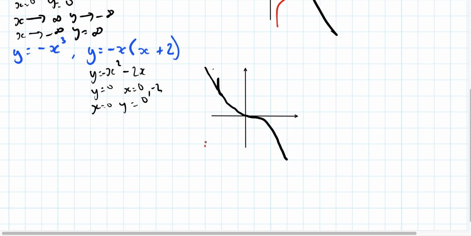It's going to come up from here, cut at minus 2 and cut at 0 again and keep going down forever. I'm just going to extend the x cubed graph, and they will eventually meet. Sometimes you just have to imagine it, or you could keep drawing the graph and they will eventually meet.